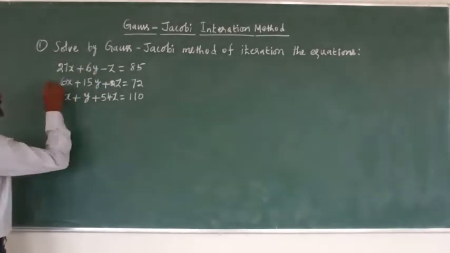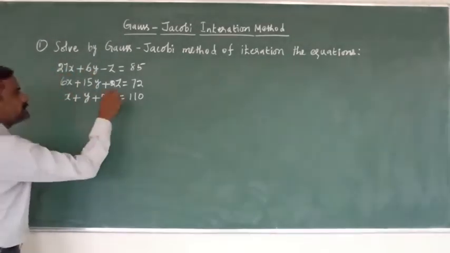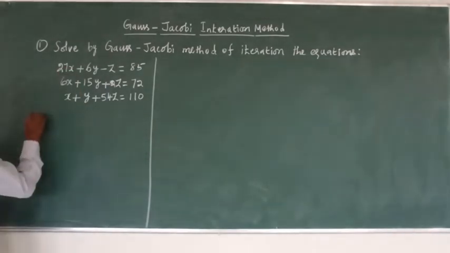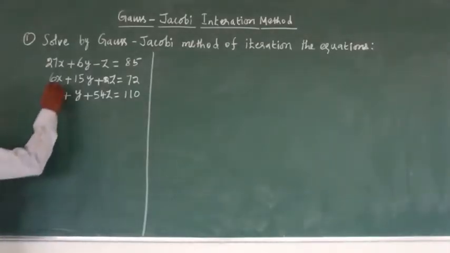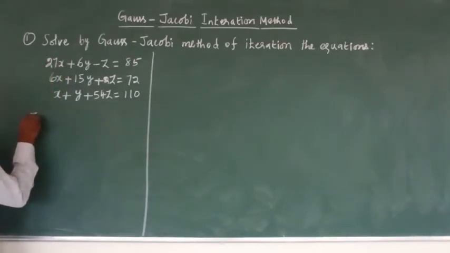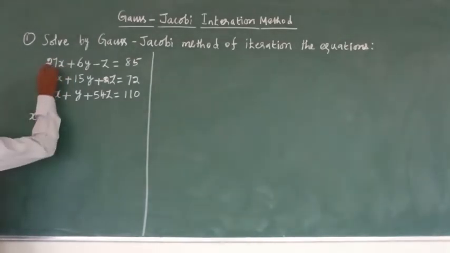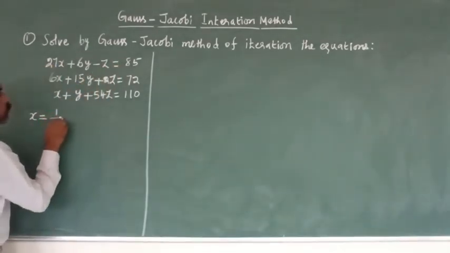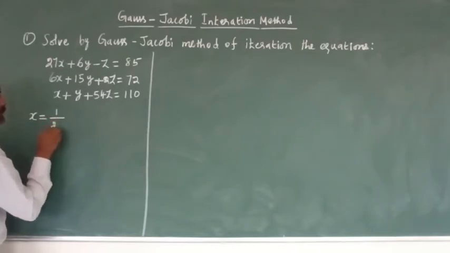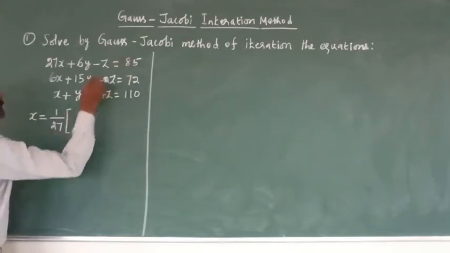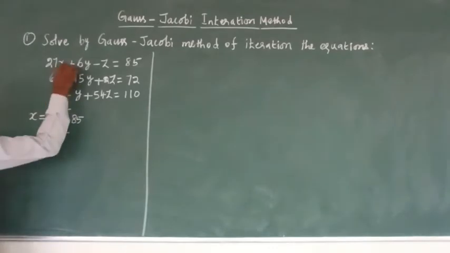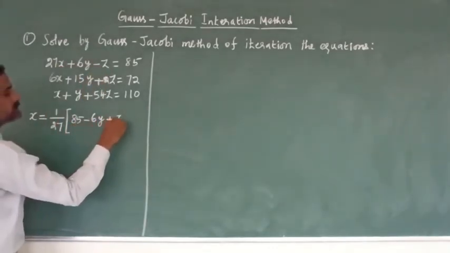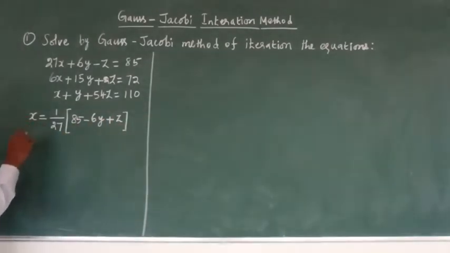In equation 1, first we have to find the x value. x = 1/27 (85 - 6y + z). This is for x.